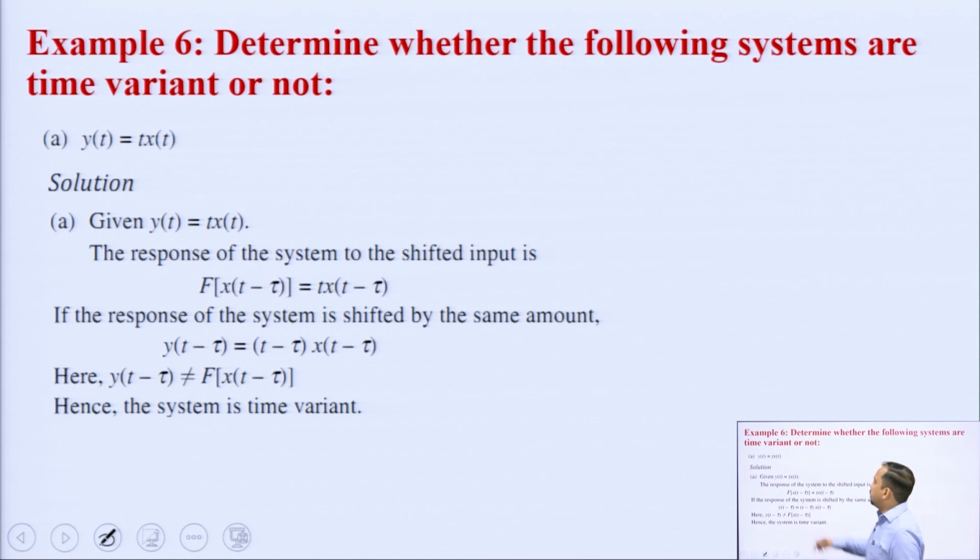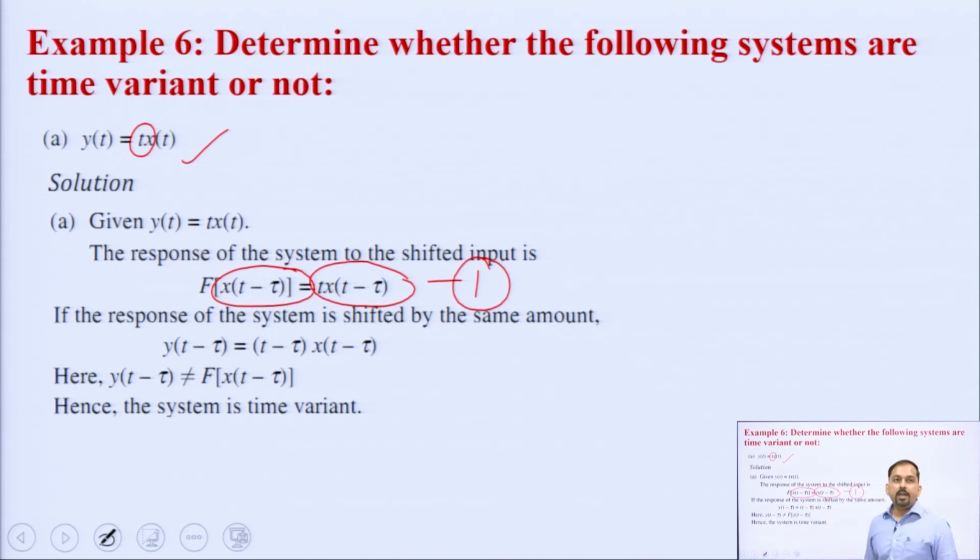Let us say y(t) equals t times x(t). So the system is basically performing a multiplication by a factor of t. How can we see this? First we provide a delay, x(t minus tau), and we apply the system. So we are getting equation number 1, t times x(t minus tau).